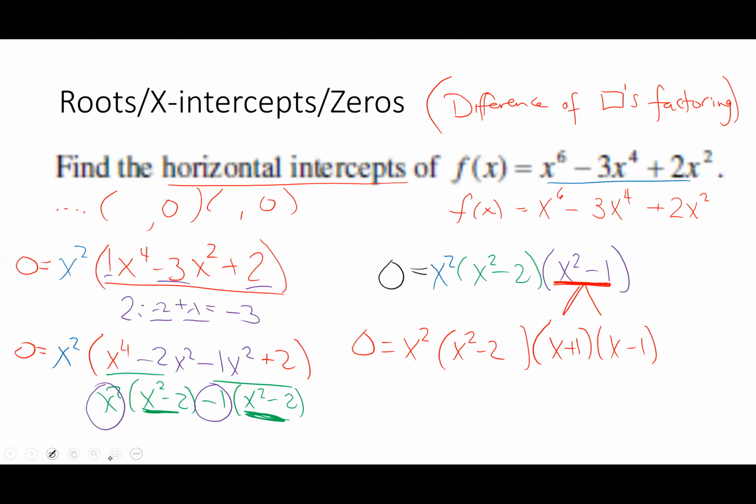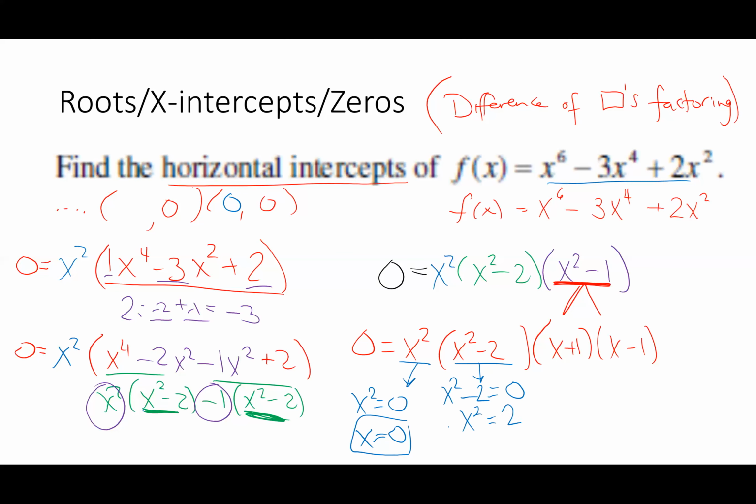So now I have the ability to set each of these equal to 0. So I start here with x squared equals 0. Well, obviously here, if I take the square root of both sides, I get x is equal to 0. So there's one of them. So I've got 0, 0 as one of my horizontal intercepts. Now I'm going to set this equation equal to 0. I get x squared minus 2 equals 0. If I add 2 to both sides, I get x squared is equal to 2.